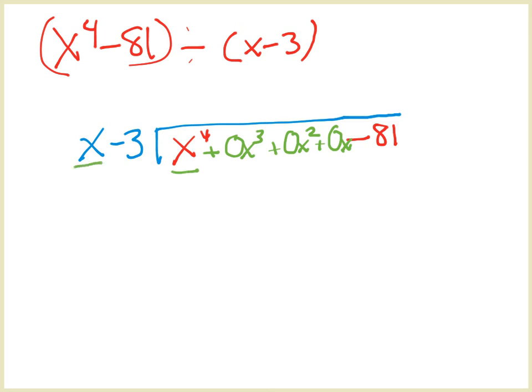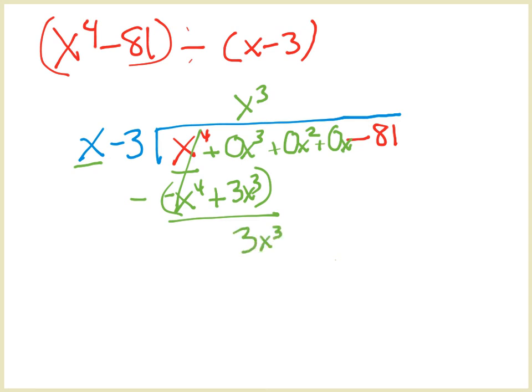x times what equals x to the fourth? I'm going to say x to the third. So x to the third times x is x to the fourth. x to the third times negative 3 is negative 3x to the third. I'm going to subtract the whole thing, makes it positive. So what I'm left with is 3x to the third.